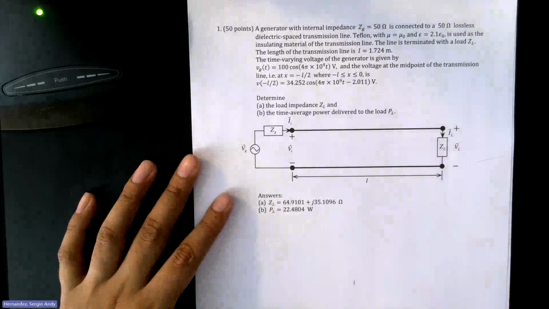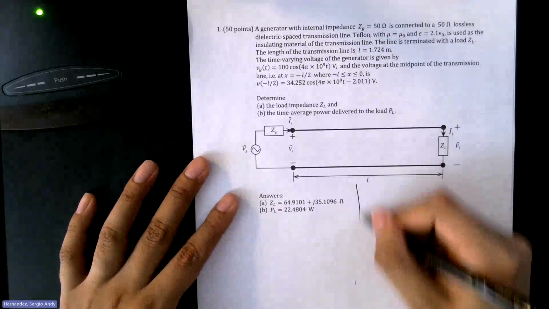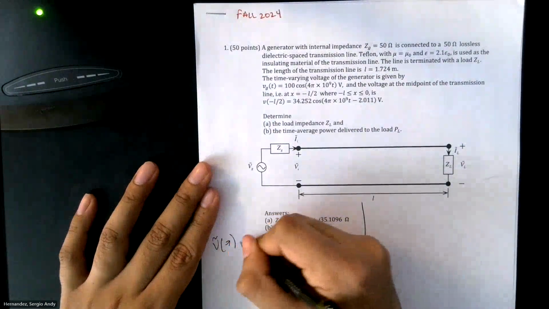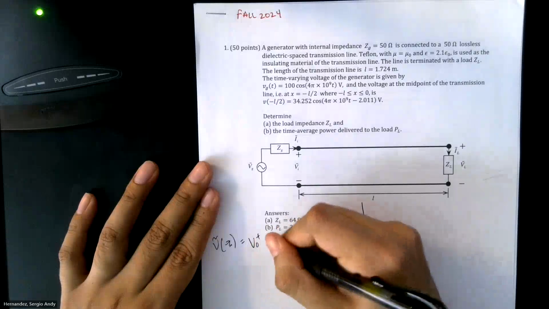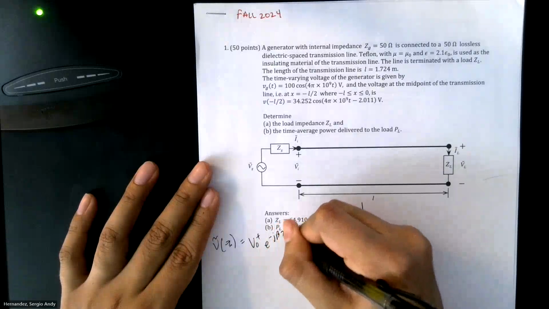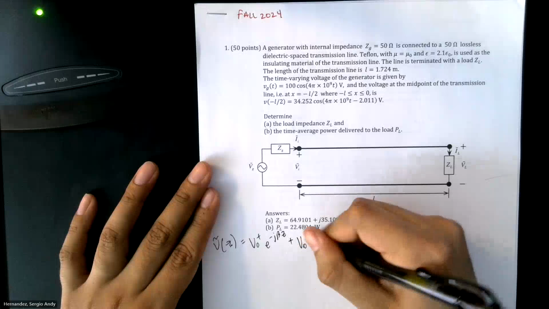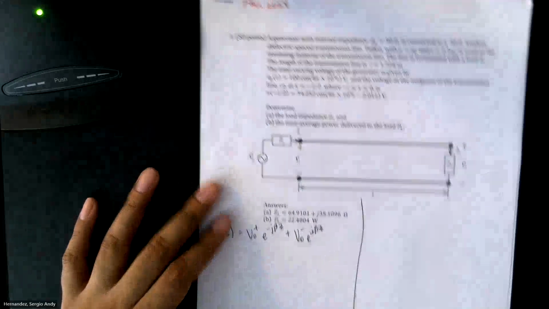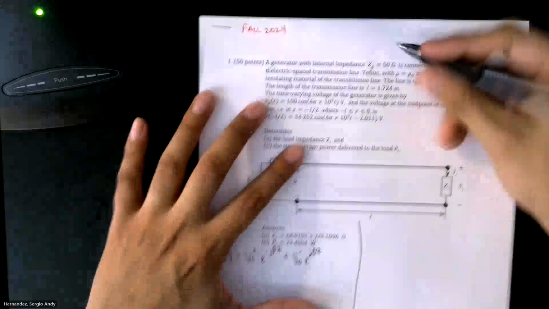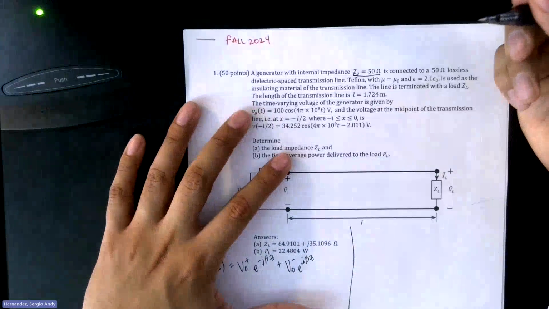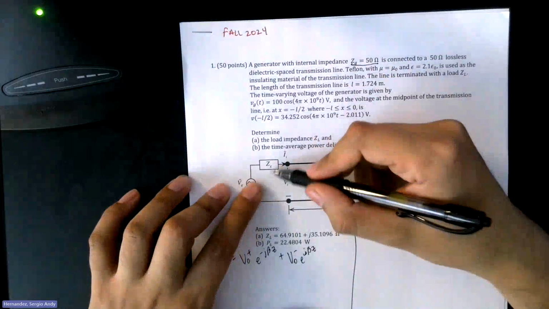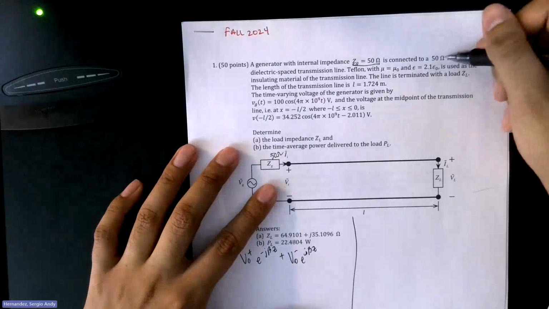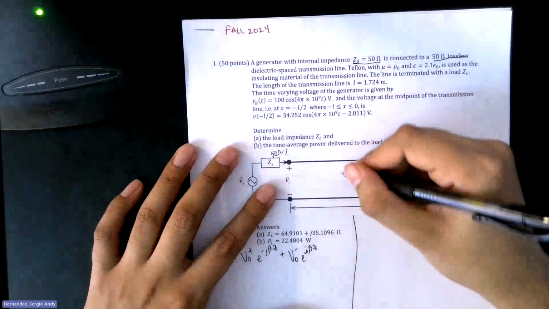So, as usual, we want to start off with the telegrapher's equation. We're given ZG equals 50. So this right here is 50, connected to a 50 ohm lossless transmission line.